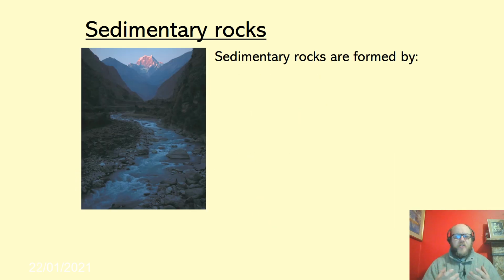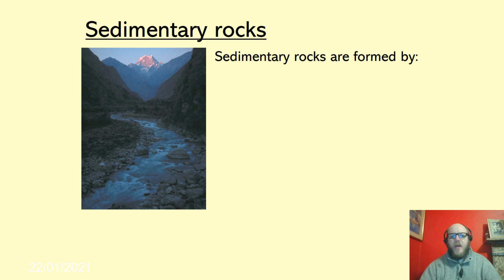Okay, our next category of rocks are sedimentary rocks. Now, sediment is a small layer of silt and mud and stones and rocks and pebbles, normally found at the bottom of a river. It's the kind of stuff that flows along, but where did it come from?